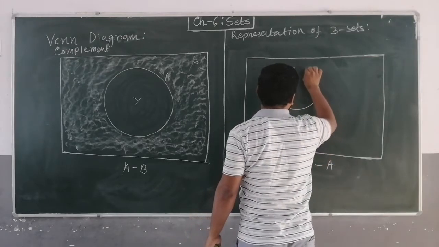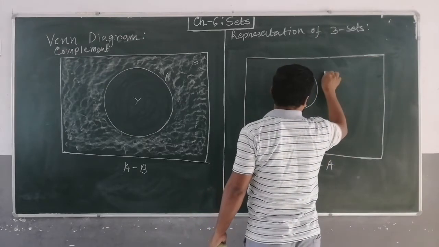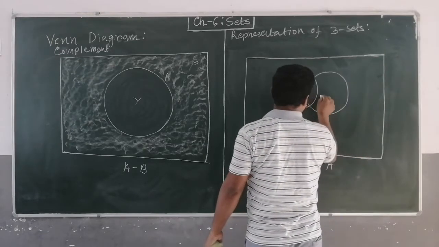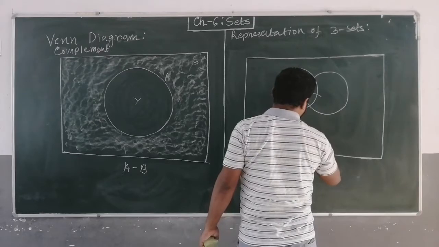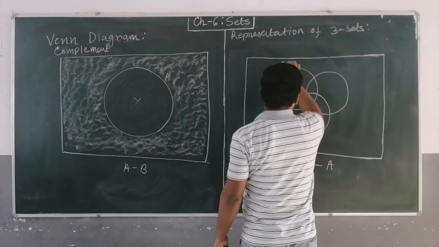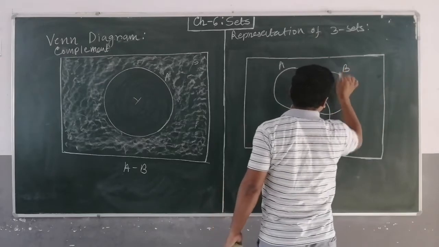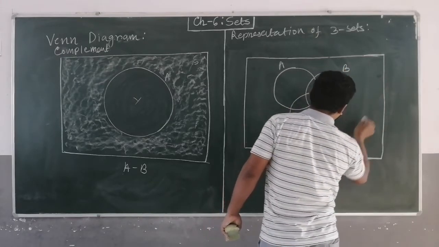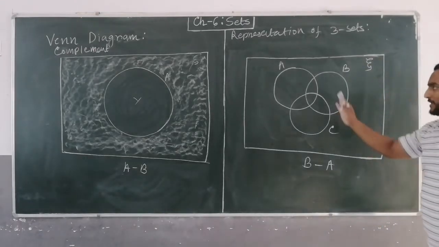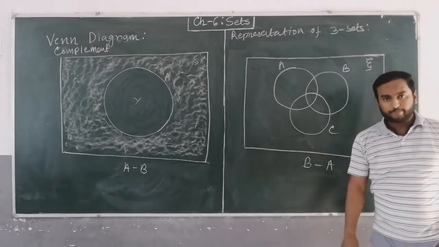One is this set, this is the second set, and suppose this is the third set, A, B, C, and this is the universal set Xi. Here three sets are there.